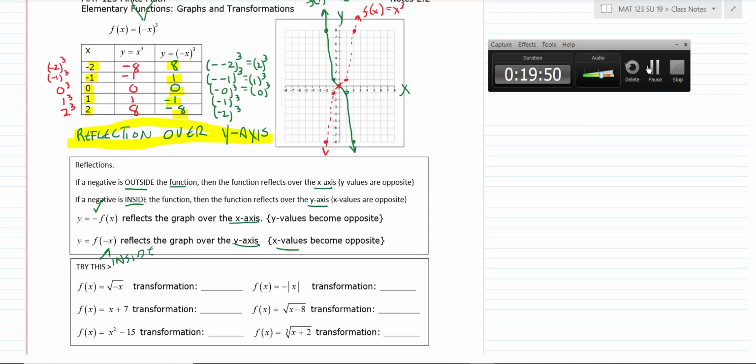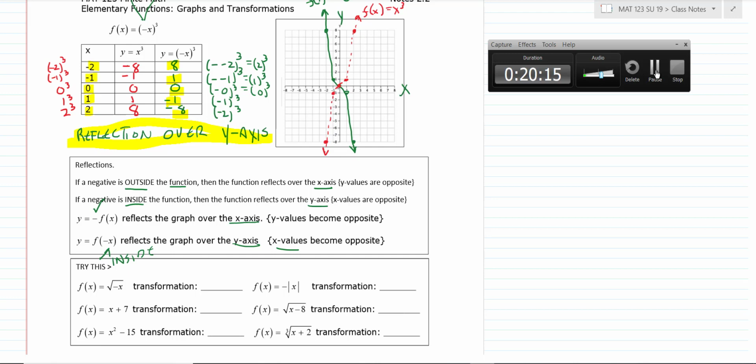You can refer back to previous examples if you have to. But try to think of inside, outside. If the transformation's inside, then it's either going to be left, right, or a reflection over one of the axes. So think about whether it's inside or outside and see if that helps you a little bit.